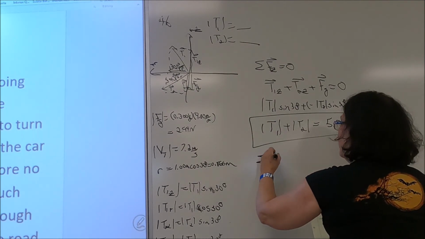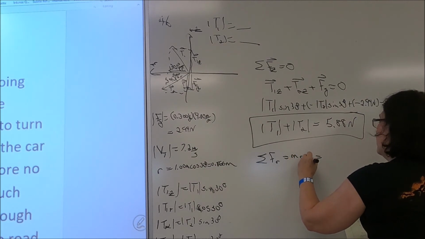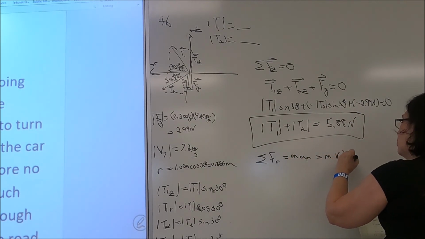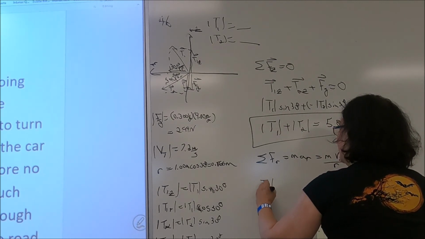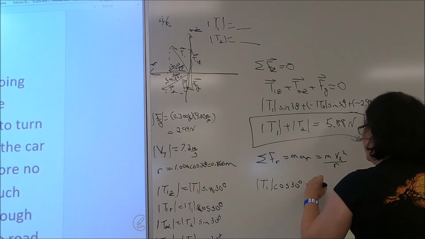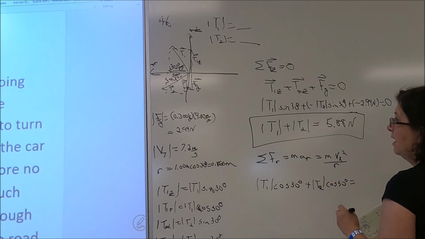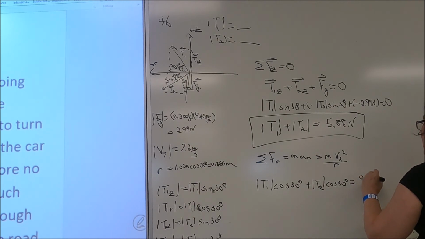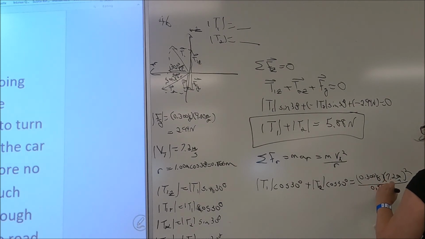Now, if we look at the sum of the forces radially, that has to equal mass times acceleration radially, which is mv sub t squared over r. So I have T1 cosine 30 degrees plus magnitude of T2 cosine 30 degrees is equal to the mass, 0.300 kilograms, times the velocity, 7.2 meters per second squared, over the radius, which was 0.866 meters.